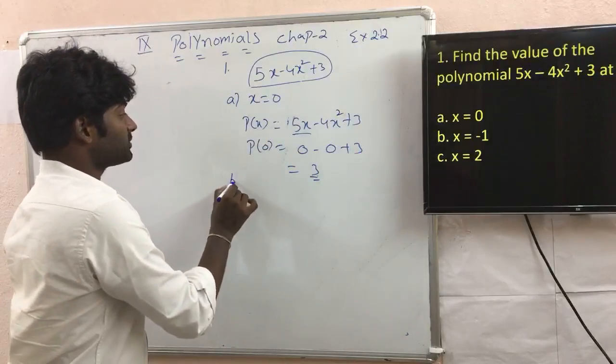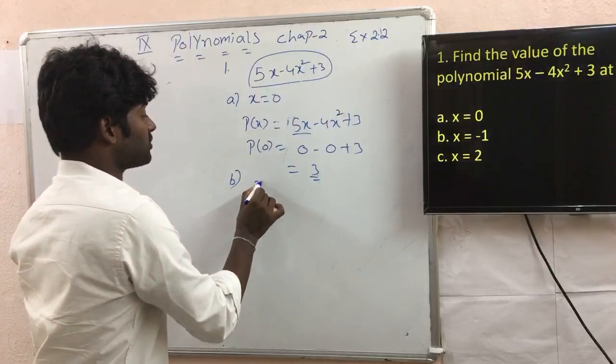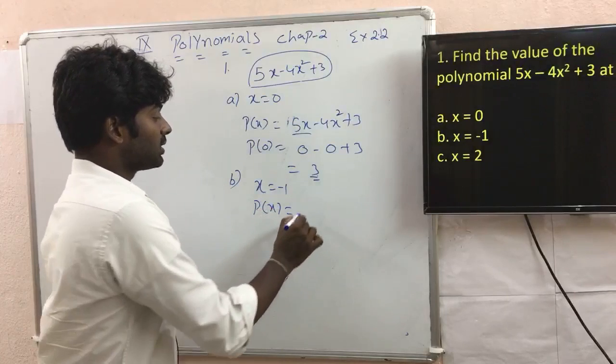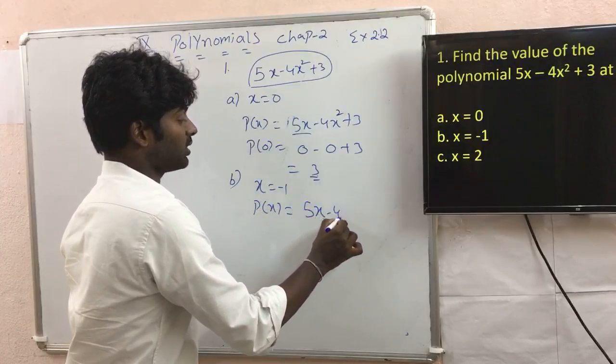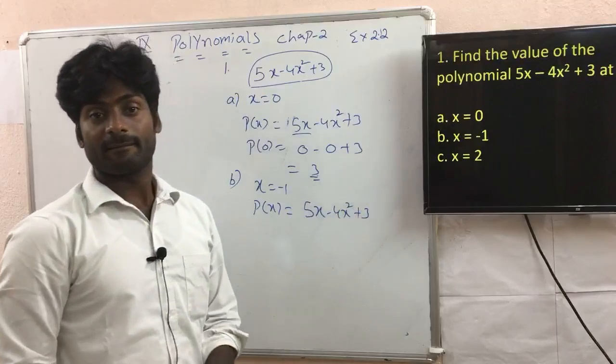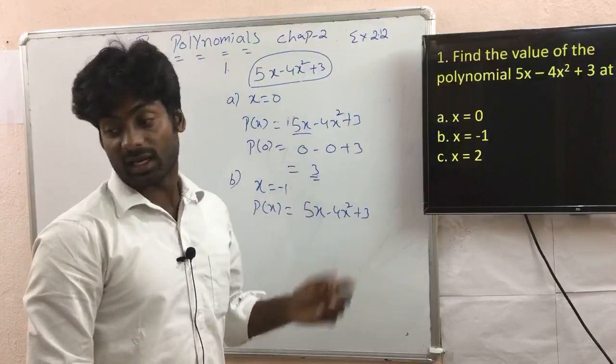Now second one, at x equal to minus 1. That means replace x with minus 1 and get the answer. Yes, 3 is correct for the first one. Now substitute with minus 1.